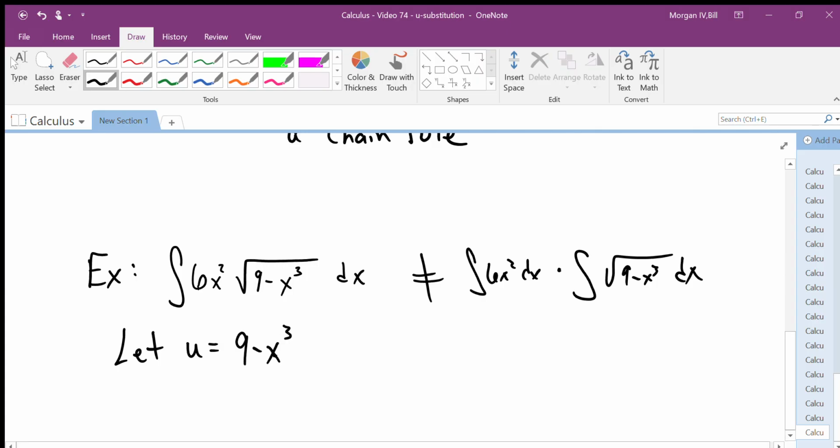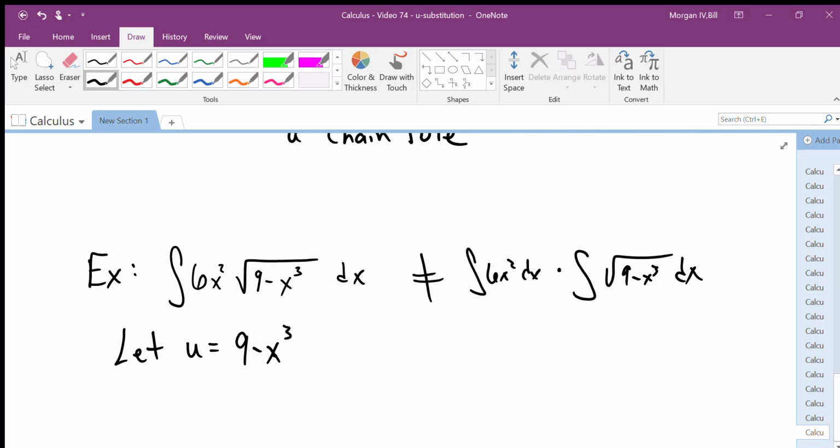And the reason I'm letting U equal 9 minus x cubed, and one thing I often think about is, I want to let U equal something whose derivative is also in the problem. Now, that doesn't work every time, but about 90% of the time, this is what I'm thinking. Let U equal an expression whose derivative is in the problem.